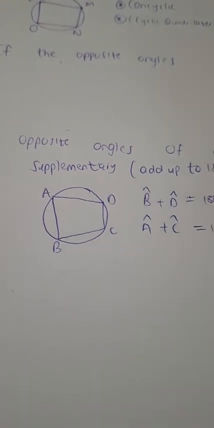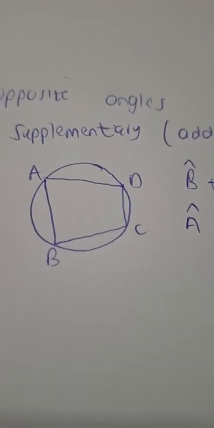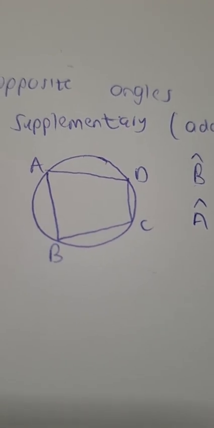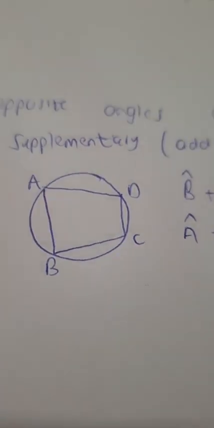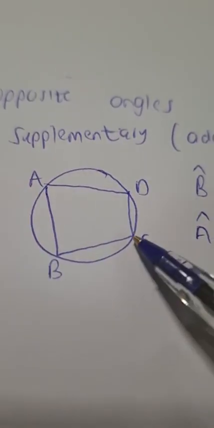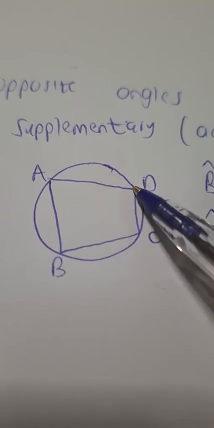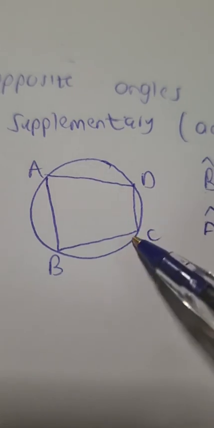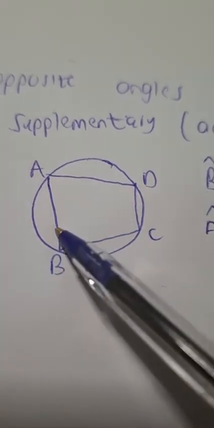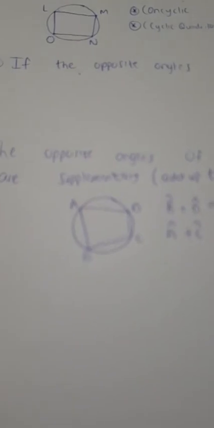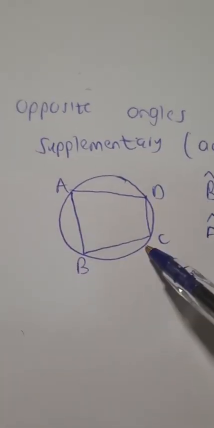Now, I'm sure you know that for all the quadrilaterals that you learned about in grade 8, 9 and 10, a quadrilateral on its own had opposite angles that were equal. But all of a sudden, when we are looking at a quadrilateral inside of a circle with all 4 vertices touching the circumference of the circle, we are now saying that the opposite angles are supplementary. So something happens to our quadrilateral the minute it has all of its vertices touching the circumference of the circle.